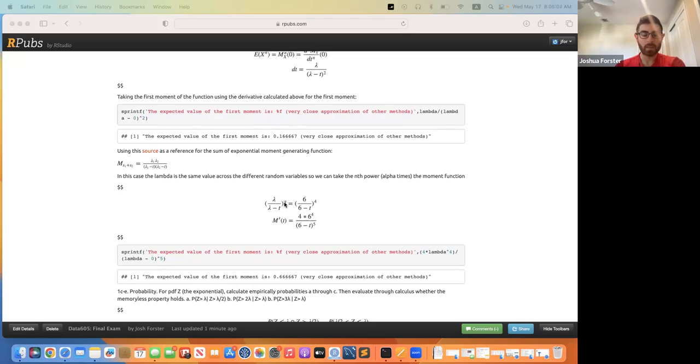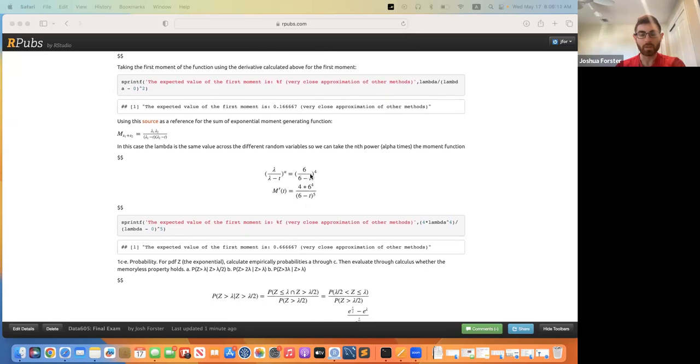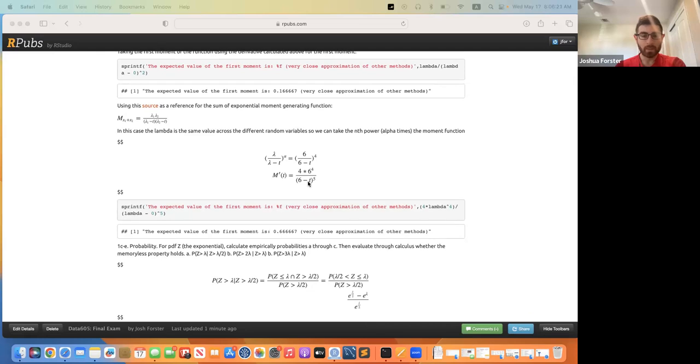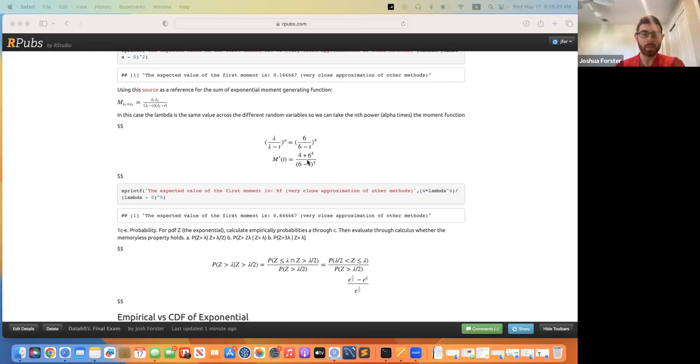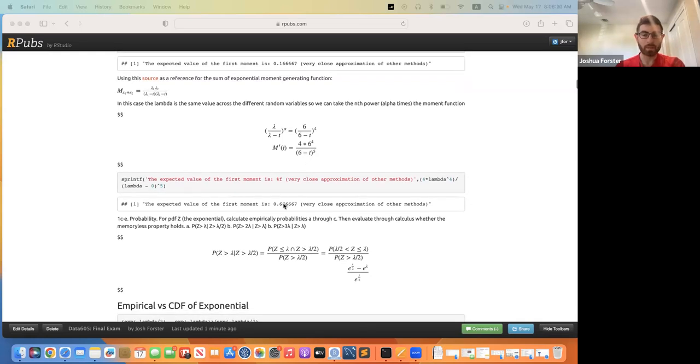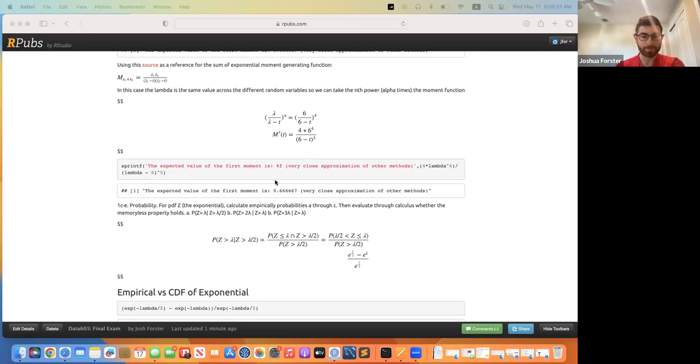You just take whatever the number of exponential distributions that you added together, and that's how you calculate the preliminary moment generating function. You take the derivative of that function and you're left with this. And then when you plug in 0 for t for the first moment, you get that value, which again is similar to all the others.